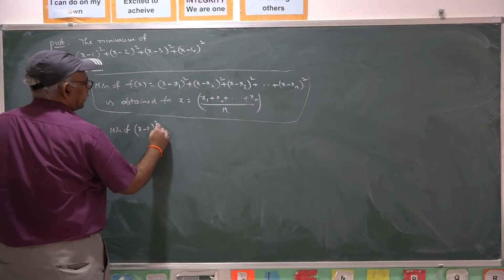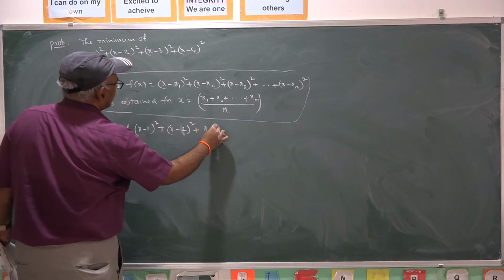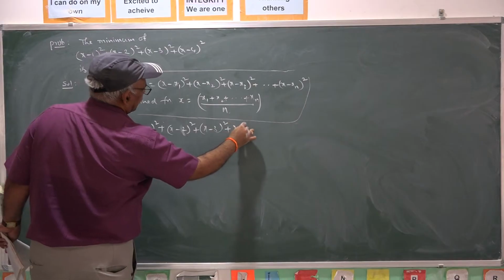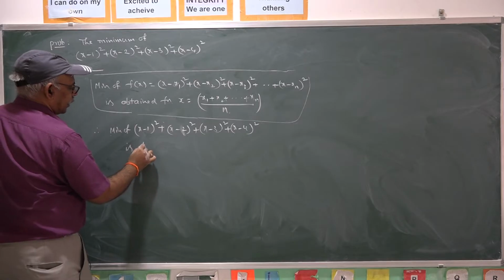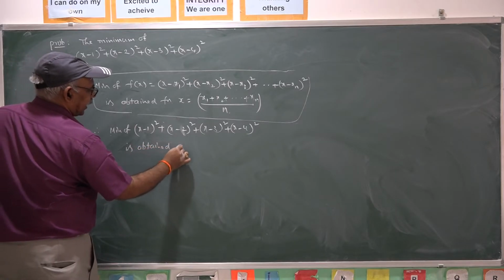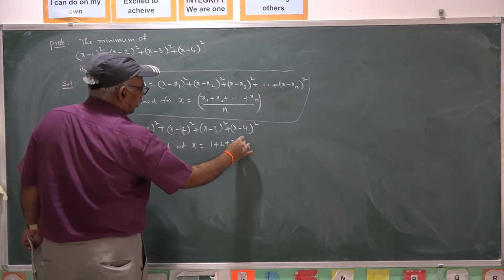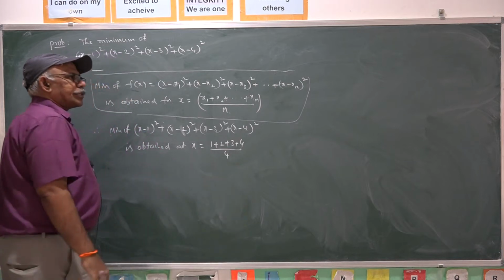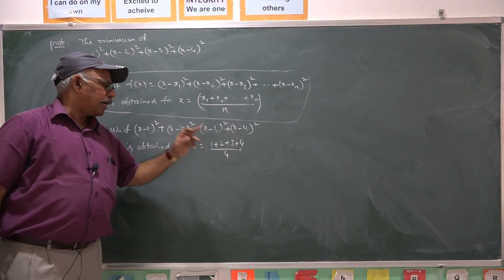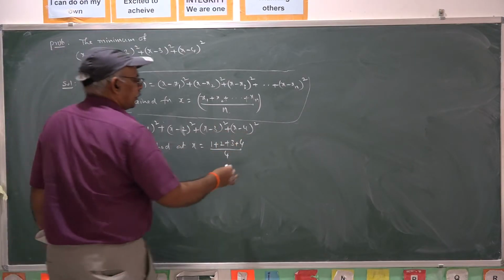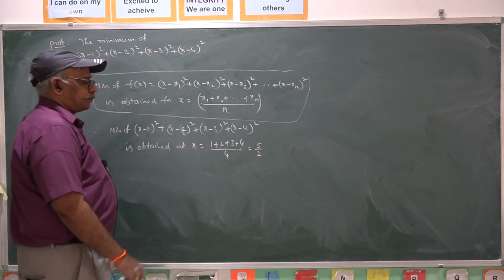The minimum of (x minus 1) whole square plus (x minus 2) whole square plus (x minus 3) whole square plus (x minus 4) whole square is obtained at x equal to the arithmetic mean of 1, 2, 3, 4. 4 values, hence I am taking 4 in the denominator. 1 plus 2 plus 3 plus 4 by 4 is 10 by 4, which means 5 by 2.